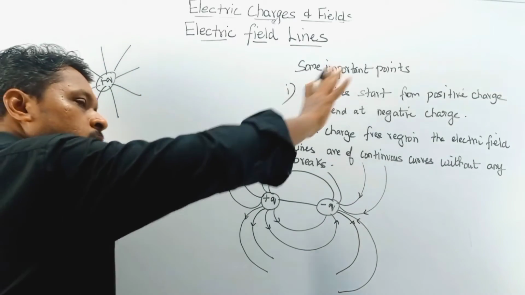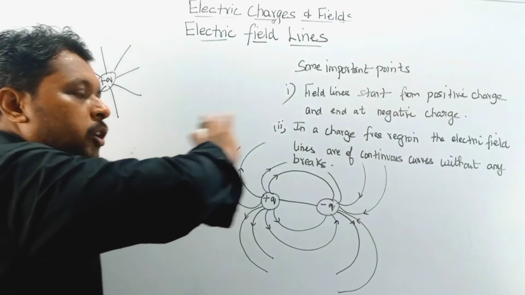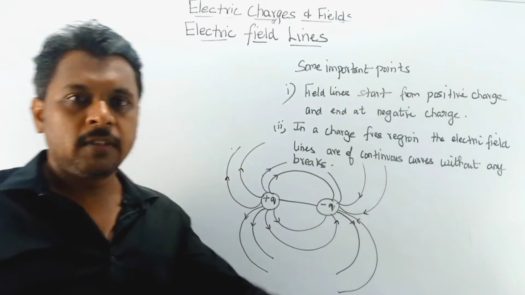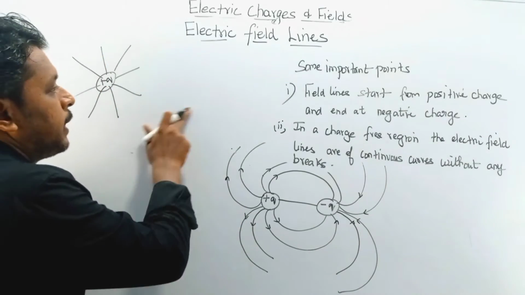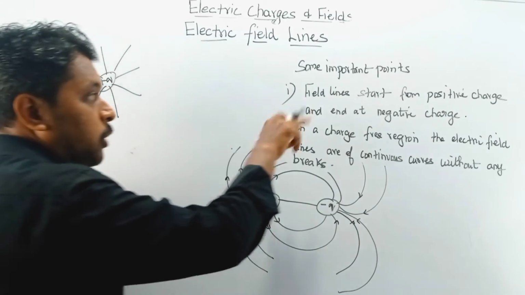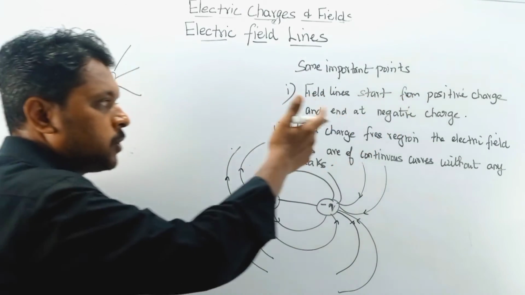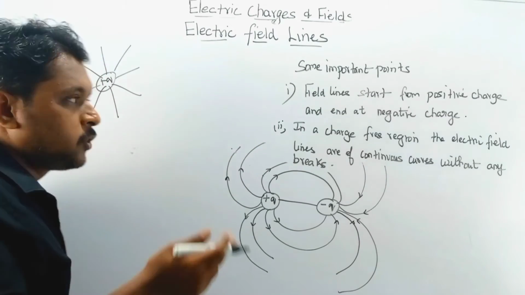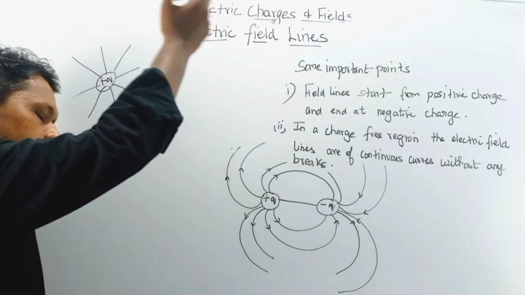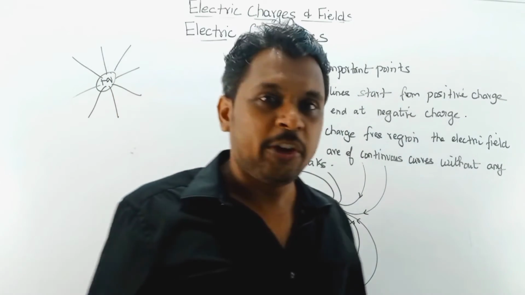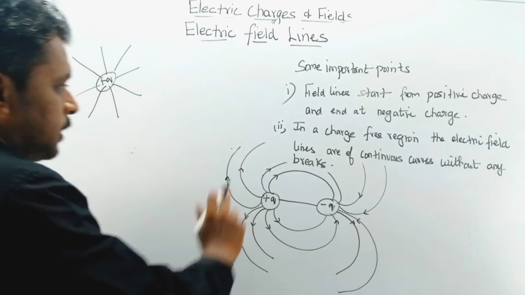They will have a continuous curve, without any breaks, because nearby we don't have any charges. We know the field line starting from a positive charge always ends at a negative charge, and where it ends there is no charge nearby, so all the field lines will move in a continuous curve. This is the second point.